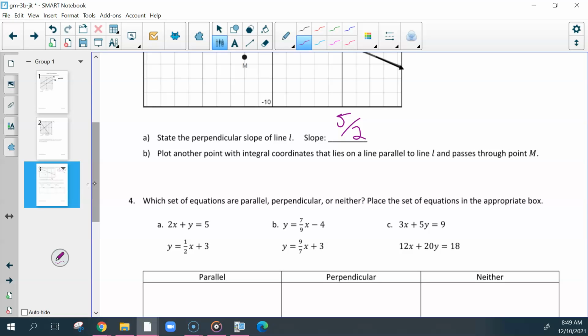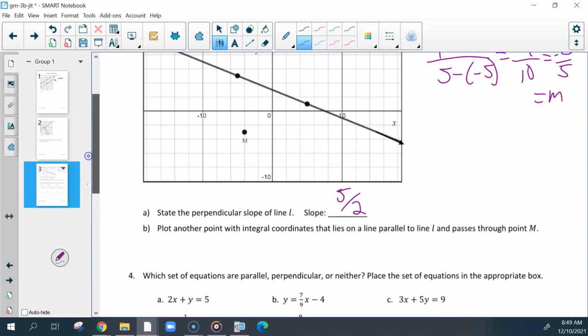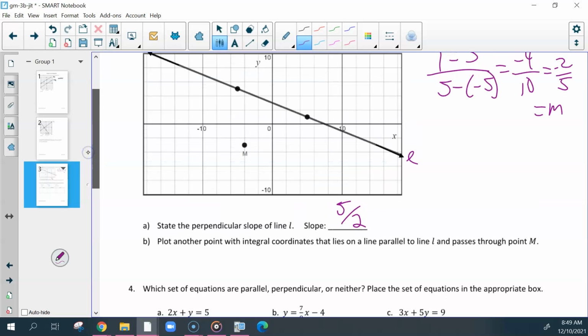Actually, let me rethink that because we could do it a different way. We need to plot another point on the line parallel to this line, line L, and it has to go through this point. We know the slope of this line is negative 2 fifths, so we would need to use this slope to find another point from this.